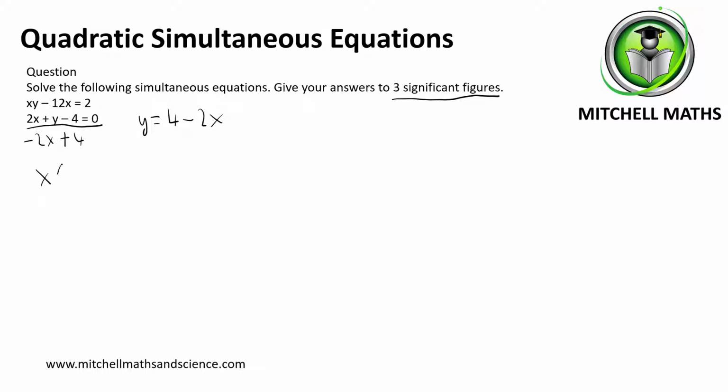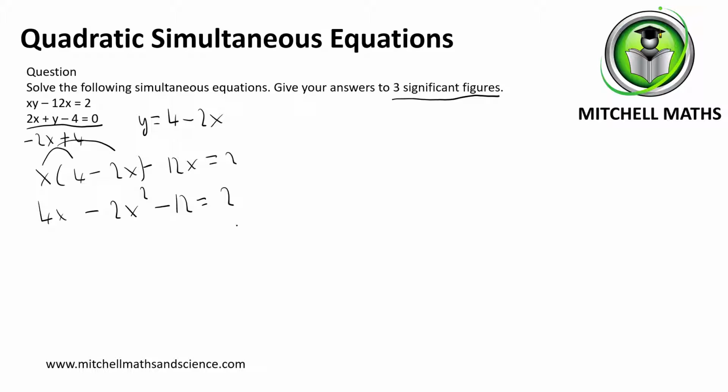I've got x, 4 minus 2x, minus 12x equals 2. Just put the bracket in there. So x times 4 is 4x. X times minus 2x is minus 2x squared. I've got minus 12x equals 2. And I'm going to bring everything to the other side.